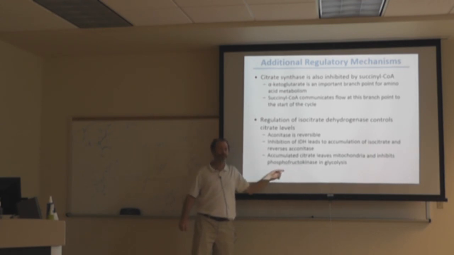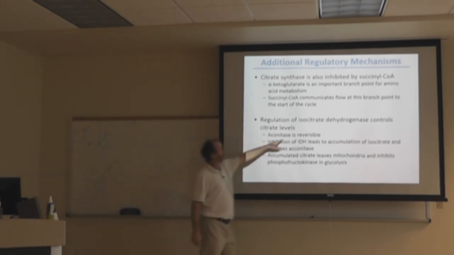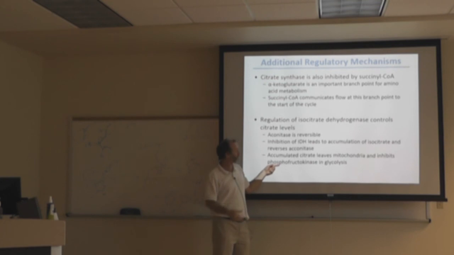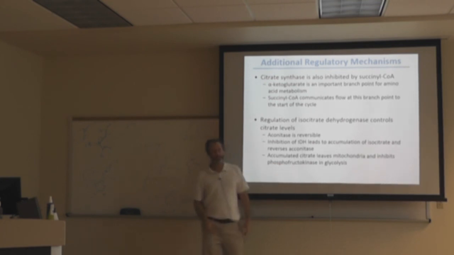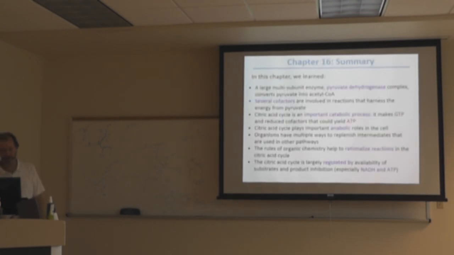If you remember, that's the committed step in glycolysis, and it's regulated by high citrate. So if the TCA cycle gets backed up, aconitase runs in reverse. You take isocitrate and make citrate. Citrate leaves the mitochondria and inhibits phosphofructokinase 1, which is the entry step into glycolysis. And that's basically it for the TCA.